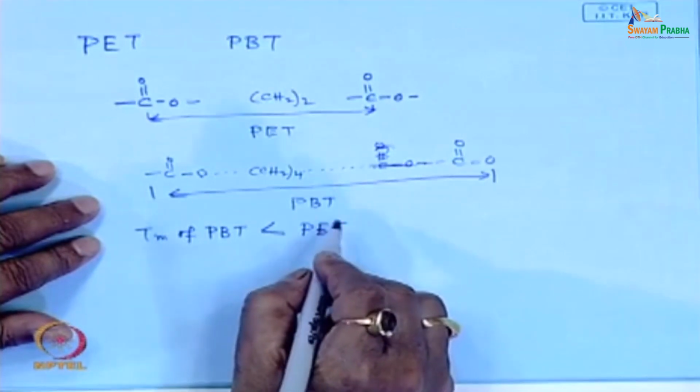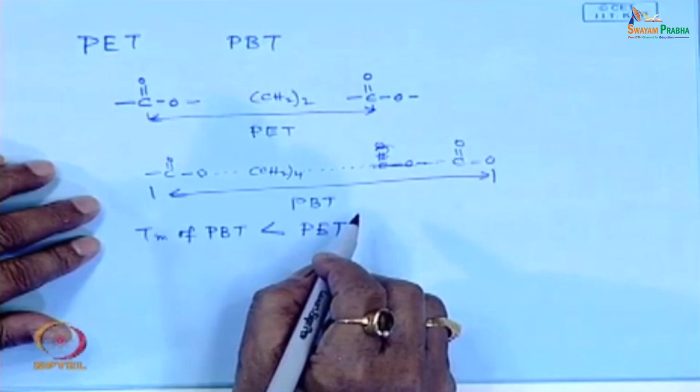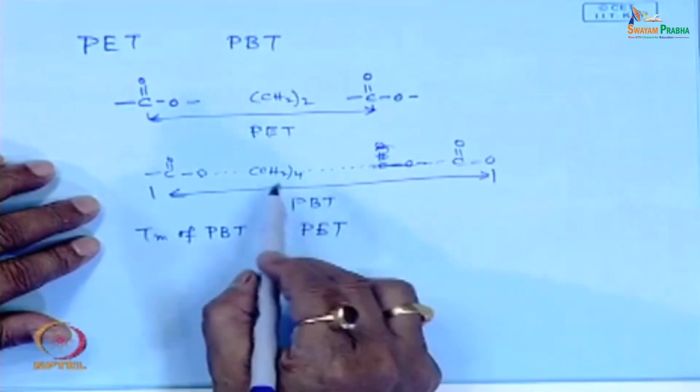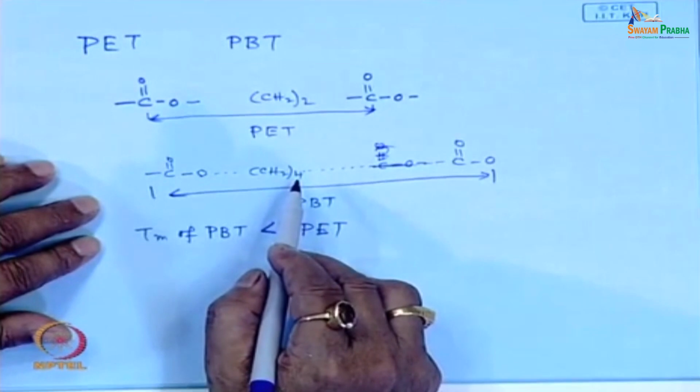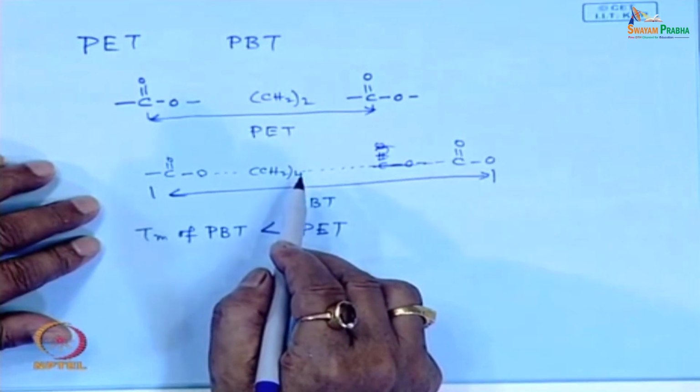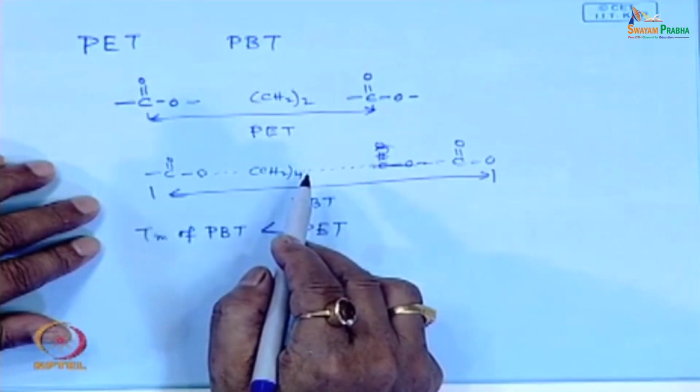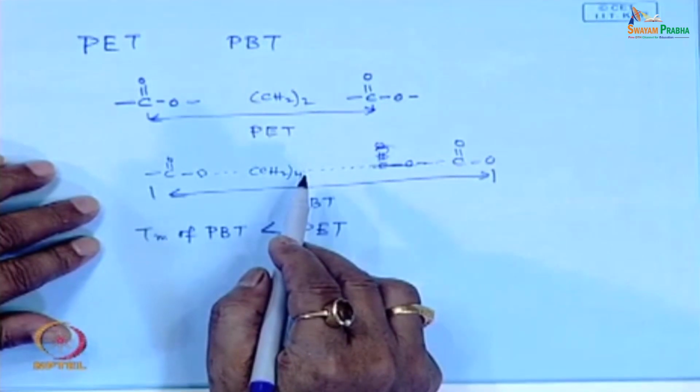Because the methylene group, this carbon chain, carbon-carbon bond can rotate and it is flexible, it is highly interesting.